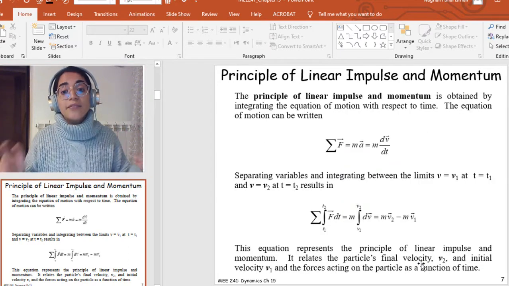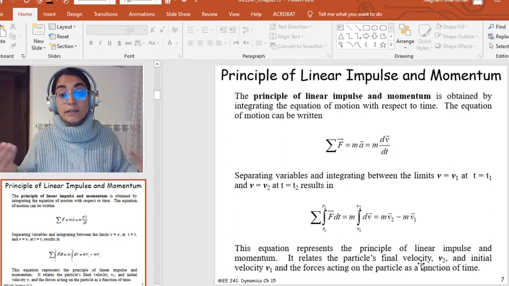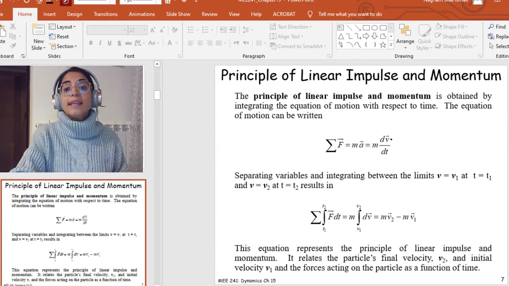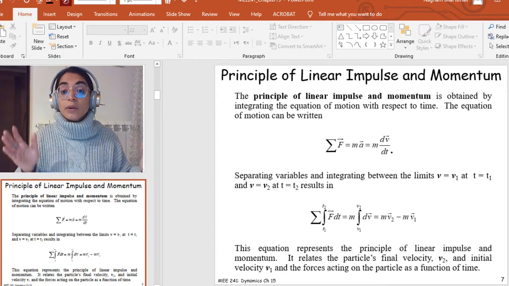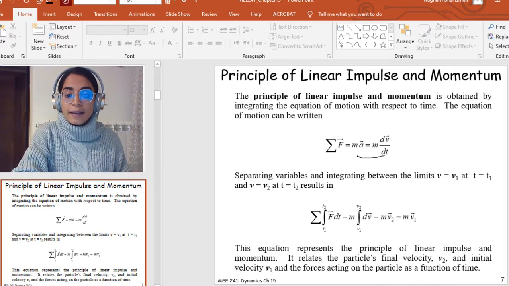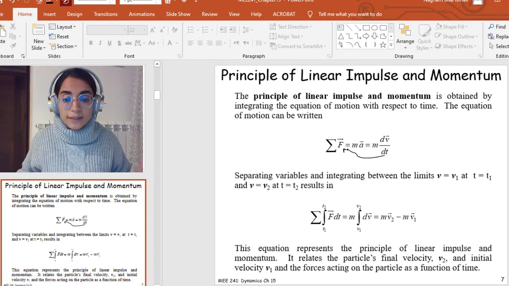Why? Because I know from Newton's second law that the sum of forces is equal to ma, and I know that a, which is the acceleration, is equal to dv over dt. Now what I'm going to do is to take this dt before the equal sign, and do the integration between t1 and t2.